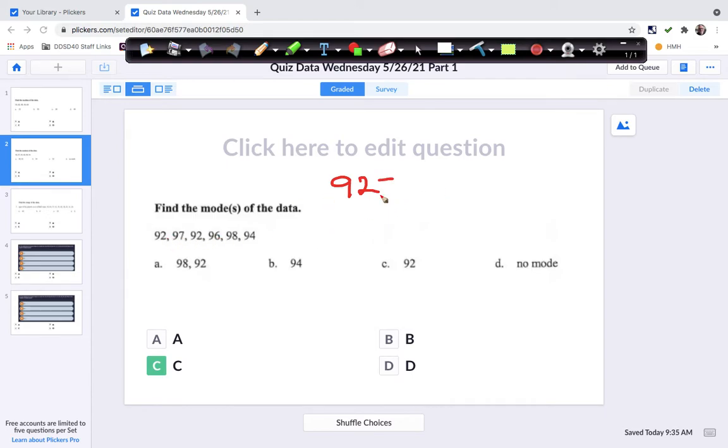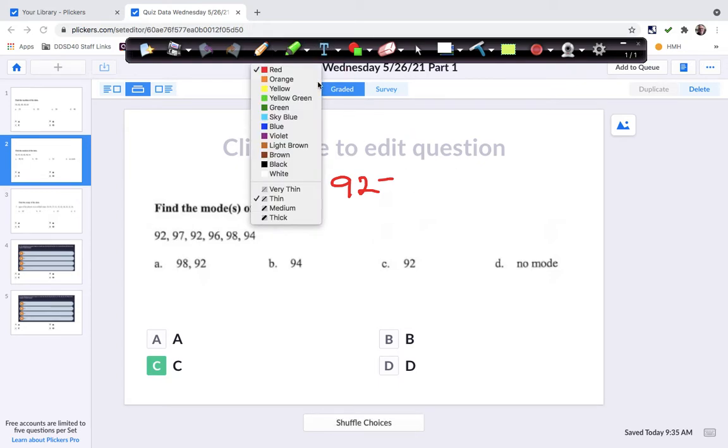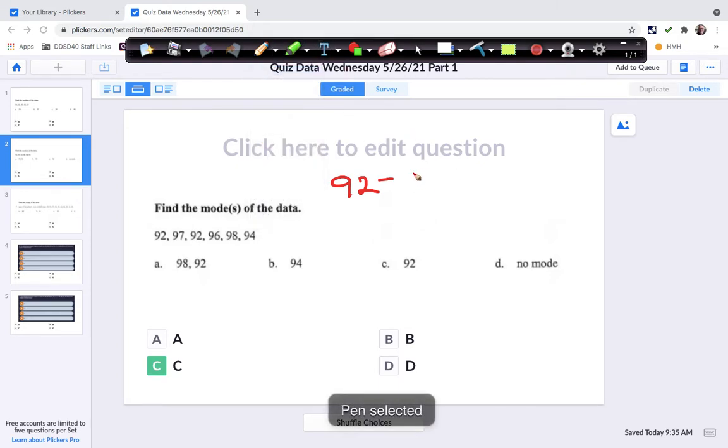Oh, it occurred a second time. So it occurs twice. And all the other numbers, if I have a 94, there's only one.